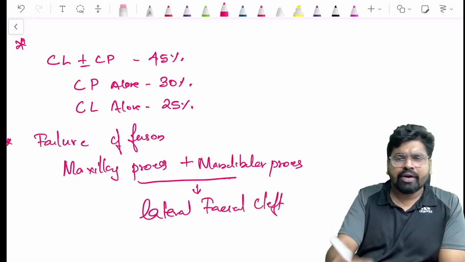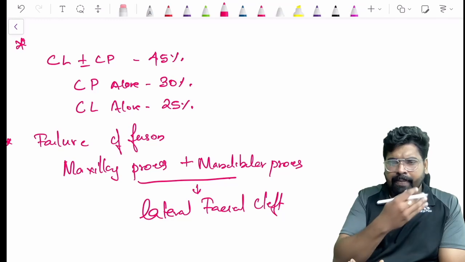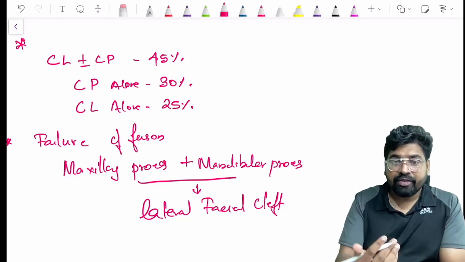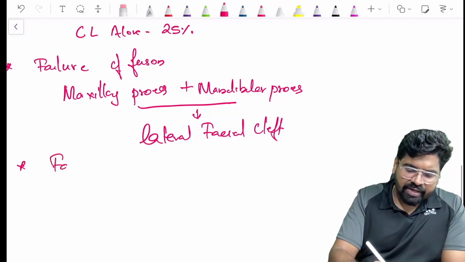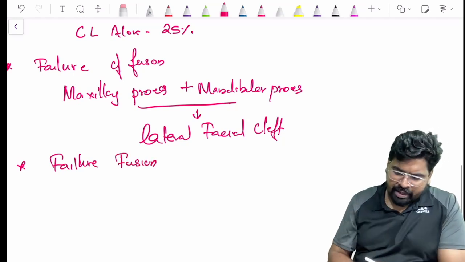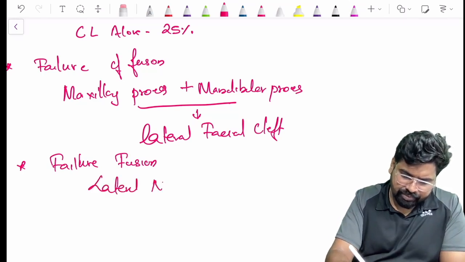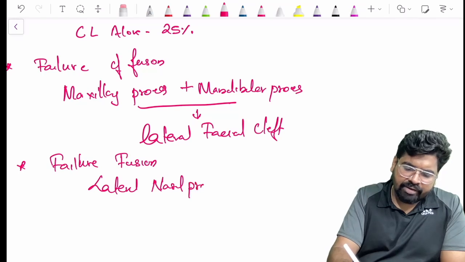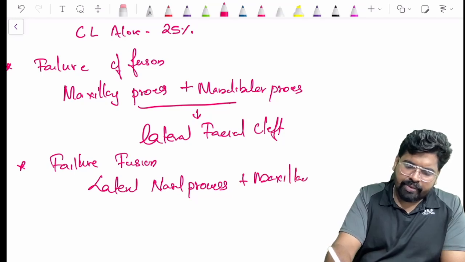So not only cleft lip and palate, there are other clefts also. The failure of fusion between your maxillary and the mandibular process gives rise to a lateral facial cleft. And one more: if there is a failure of fusion of your lateral nasal process and your maxillary process, we get a cleft called an oblique facial cleft.